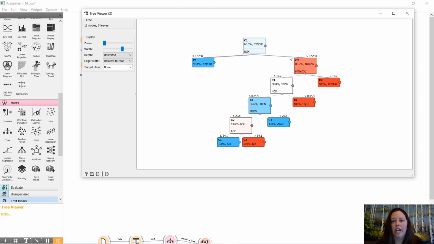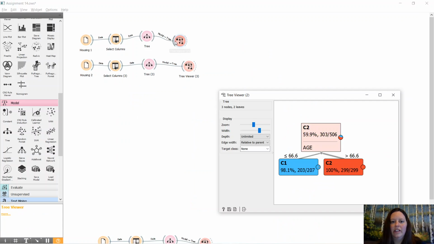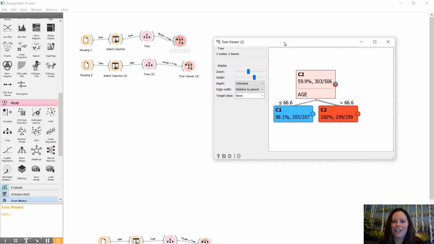The higher the pollution, we don't know where you're at. So we went to pupil to teacher ratio, and we went back again to the pollution rate. If the pollution rate was lower, then you go again to C1, and then the median of the home, and then the age of the home determines if you're C1 or 2 at the bottom. So it's a lot more than this first one that I made, which kind of cracked me up.